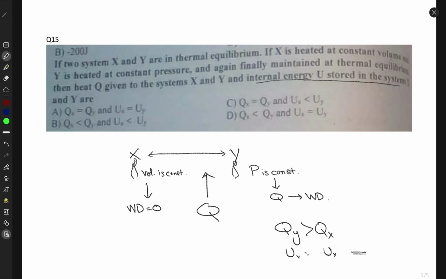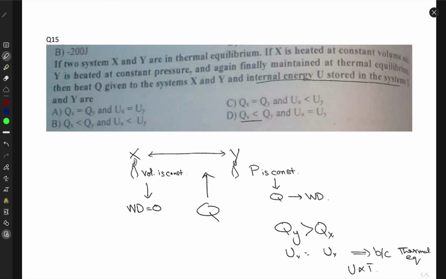Why? Because they are maintained at a thermal equilibrium, right? Which means constant temperature, and if you remember, internal energy was proportional to the temperature. So wherever Q is less, Qx is less than Qy, and internal energy is same.